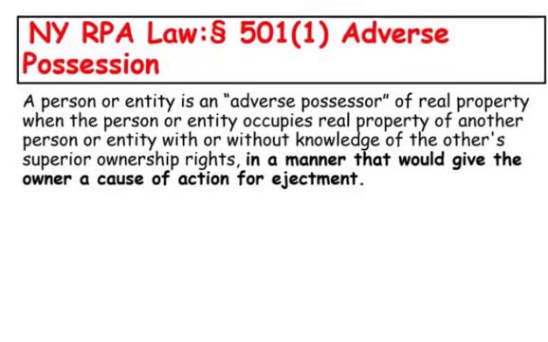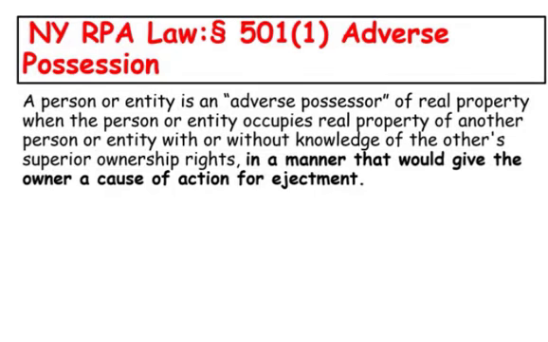Now, let's move on and look at the New York adverse possession statute. Okay, and this defines, first of all, who is an adverse possessor. A person is an adverse possessor of real property when they occupy the real property of another person in a manner that would give the owner a cause of action for ejectment.